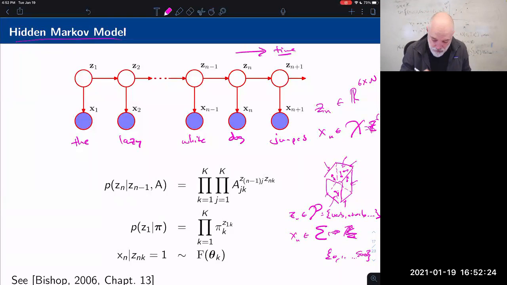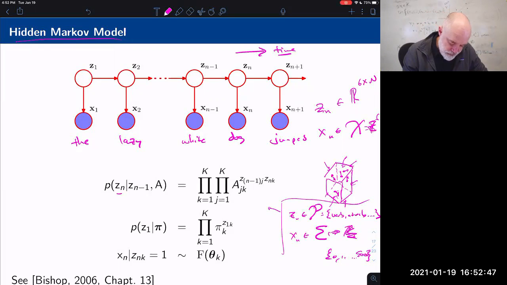Okay. In this latter application of a hidden Markov model, we can write down a probability model or link functions for a model of, for instance, text or sentences, which looks like the following.